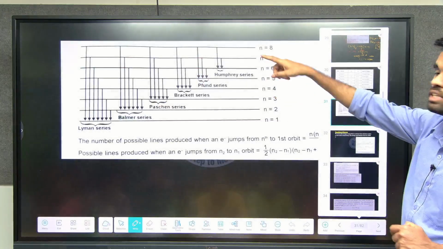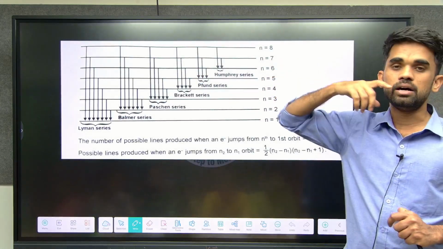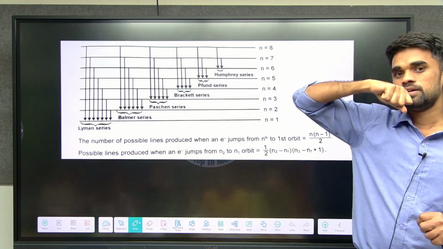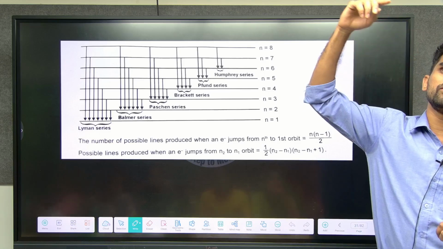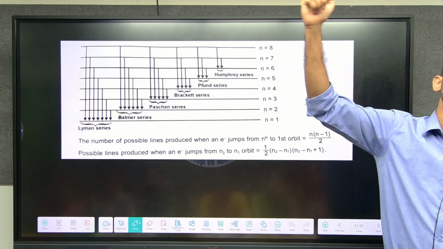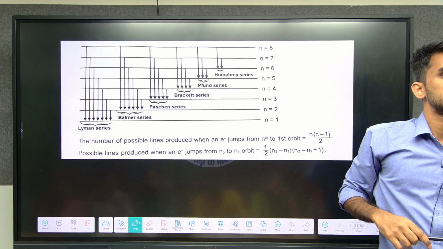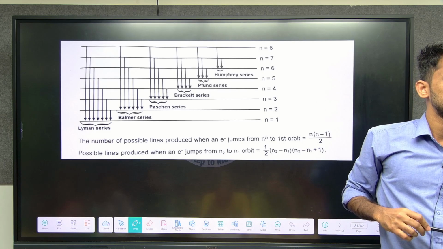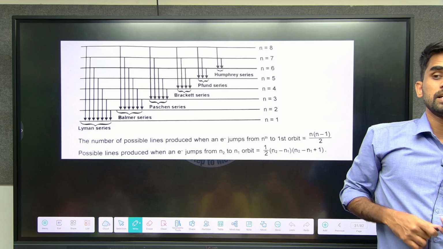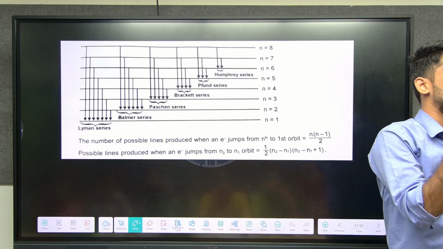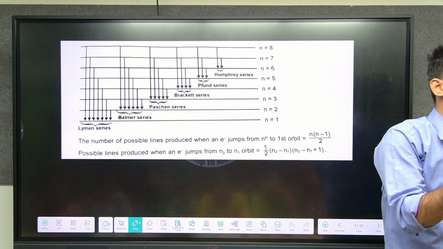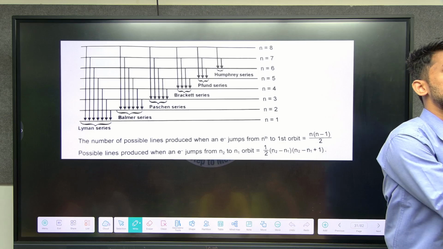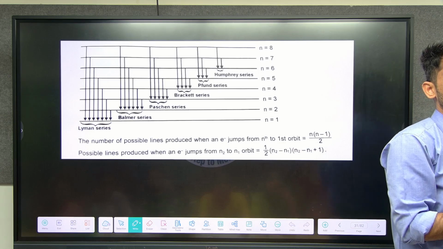Morning I told you this thing. Do you remember? Yes, sir. Now tell me, electron falling from 6th energy level to 2nd energy level. Balmer series. 3rd energy level? Paschen series. Now electron falling from 5th energy level to 2nd energy level, that line appears in which region of spectral series?